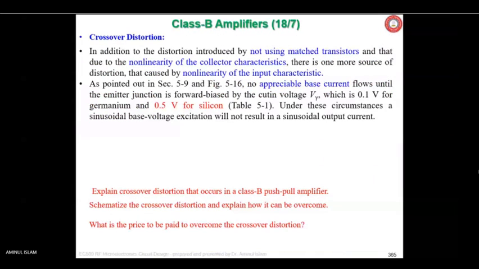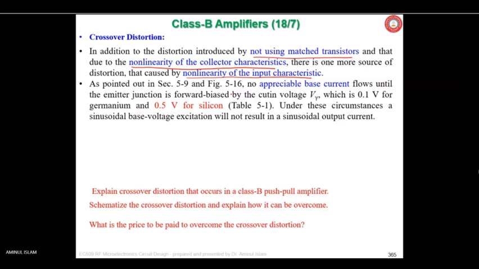Now crossover distortion, what is that? We'll discuss now. In addition to the distortion introduced by not using matched transistors, and that due to non-linearity of the characteristics, there is one more source of distortion, caused by the non-linearity of the input characteristics.